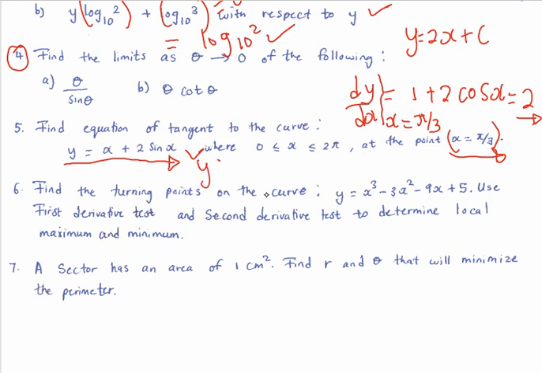When you substitute pi over 3 into the original equation, you find an answer of pi over 3 plus square root of 3. You don't have to simplify that further. Use a calculator, and you'll have the solution here, pi over 3 plus square root of 3, for the equation of a tangent.